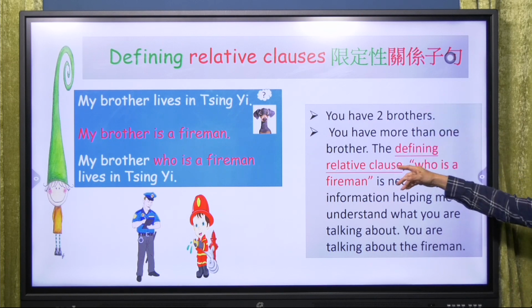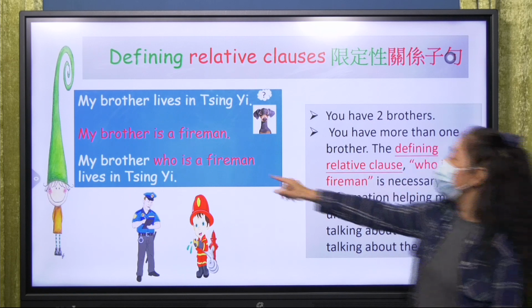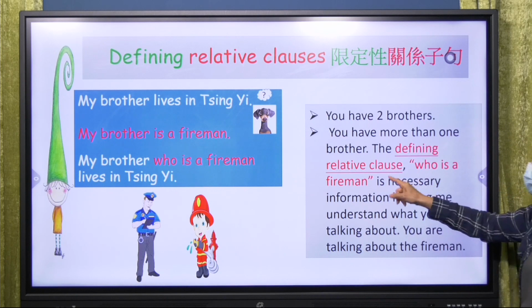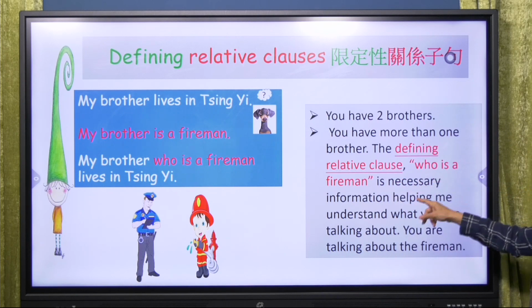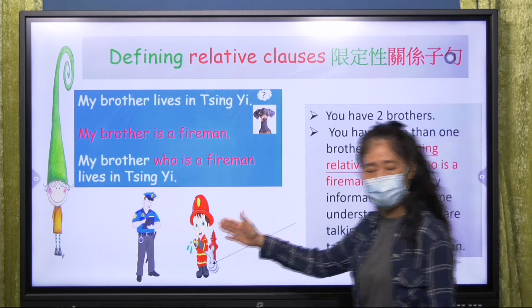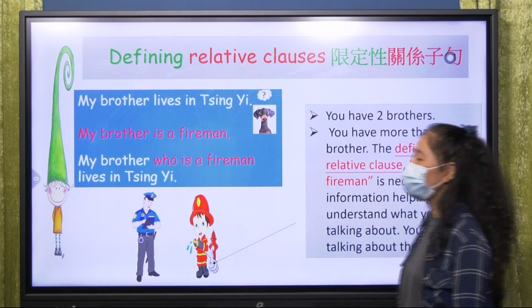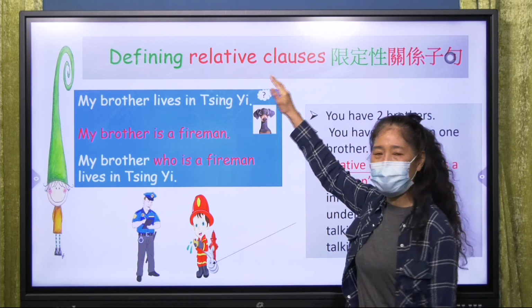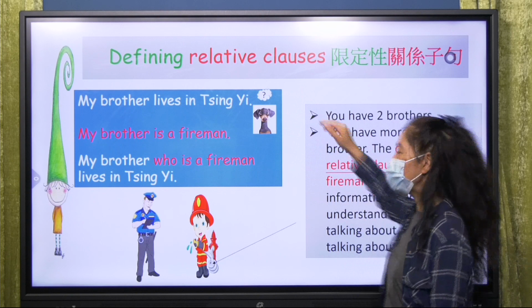In this case, you use the defining clause. That is, who is a fireman. It is a must, it's necessary information, helping other people understand what you are talking about. Oh, you are talking about your brother who is a fireman. So this is a defining relative clause.